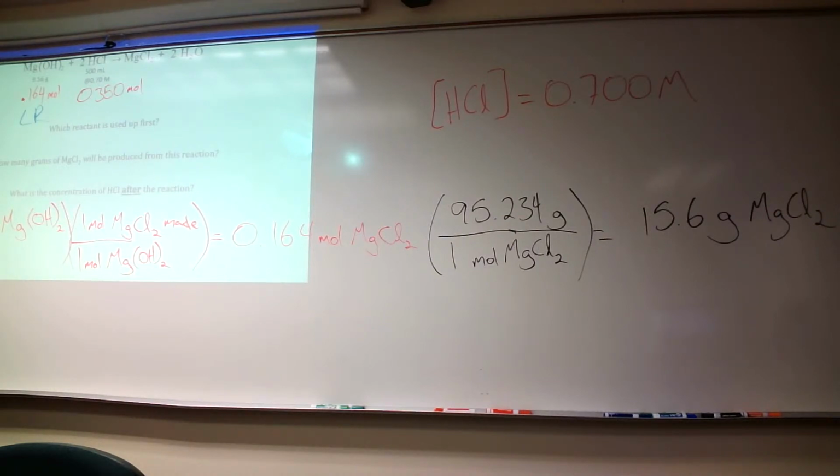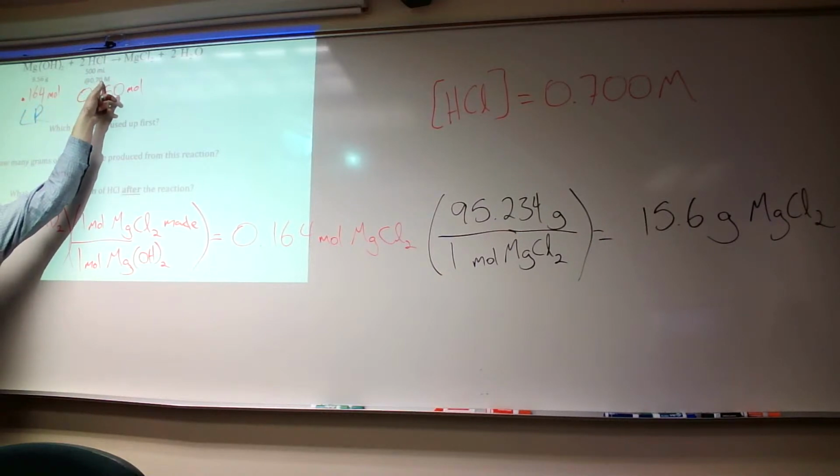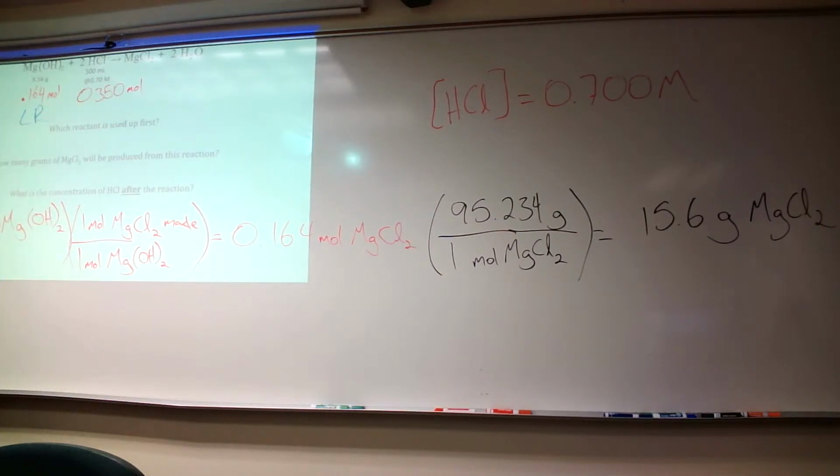If we want to know the concentration of HCl after the reaction, we started with a concentration of 0.70 moles per liter. If we want to know the concentration that's left over, we need to know how many moles of HCl are in excess. And then to turn it into a concentration, we just take how many moles we have and divide by our volume.